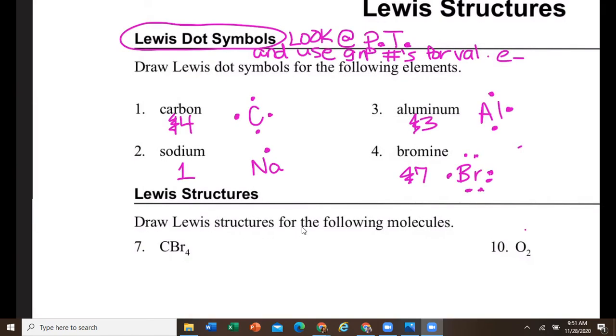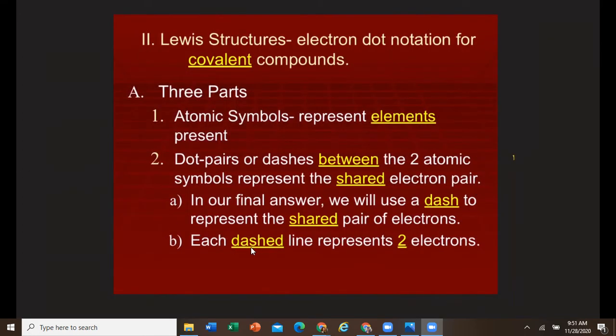If you notice, none of these things are bonded yet, so all of these are just dots going around 1 element. What we're going to see now is we're going to pair these up by showing a line, a dash, in between 2 elements. We're going to find those single electrons, and we're going to bond them up.